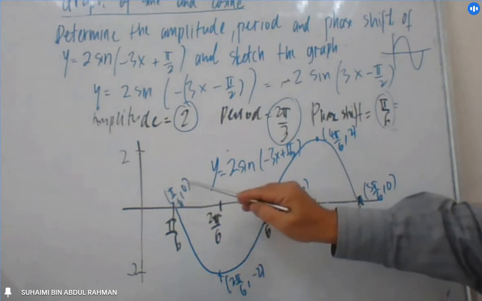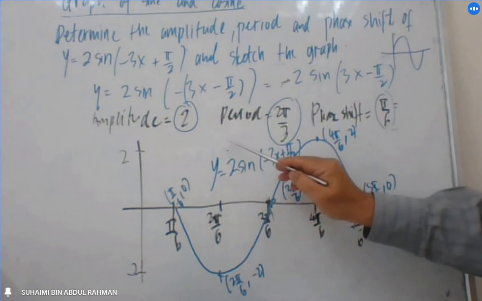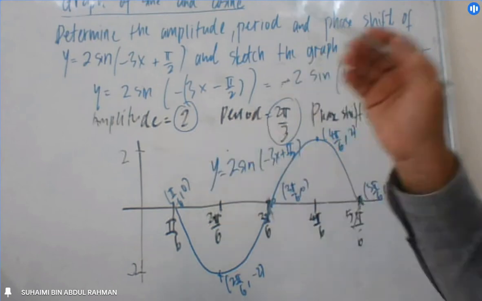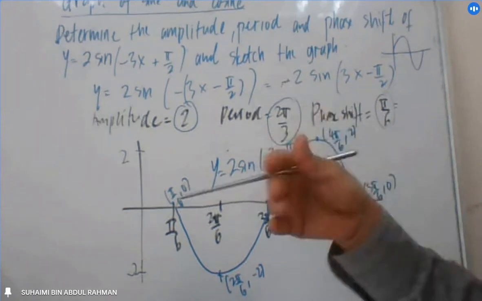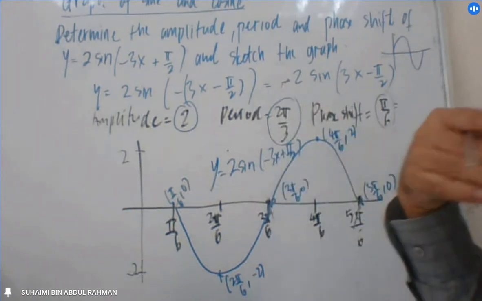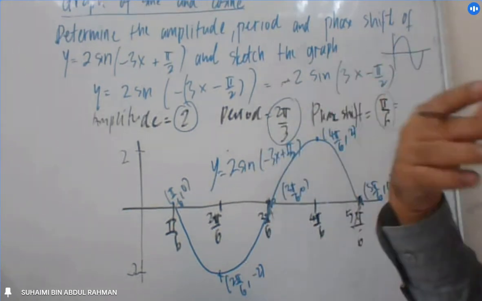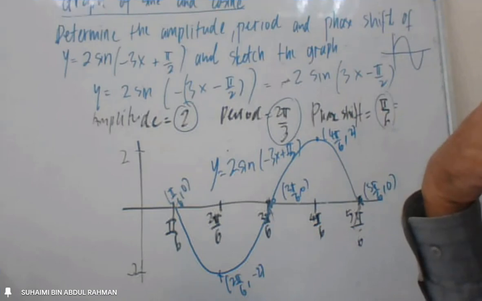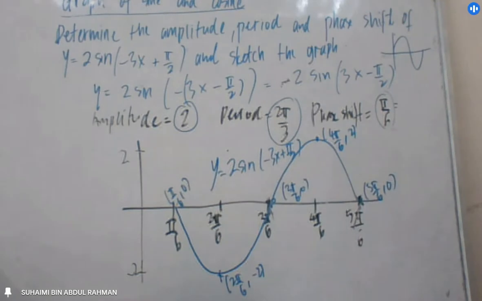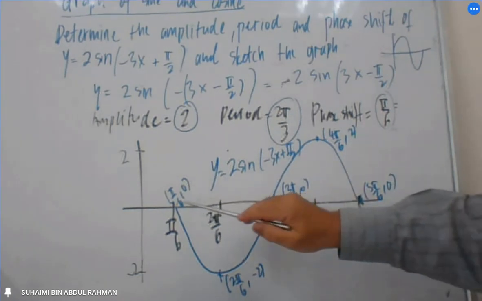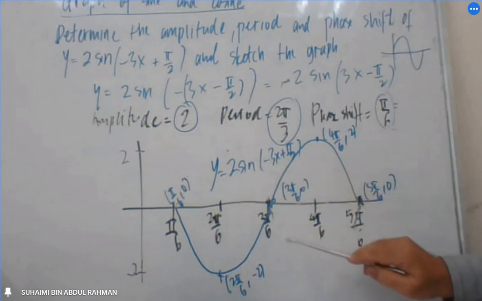And we need to know where the most up it will go. Where is the highest? 2. Because the amplitude is 2. So the graph is like this.